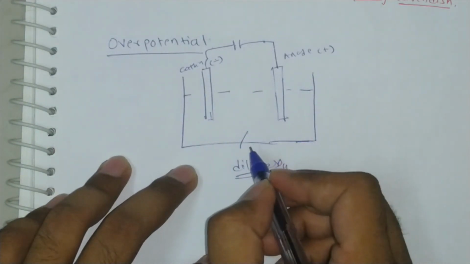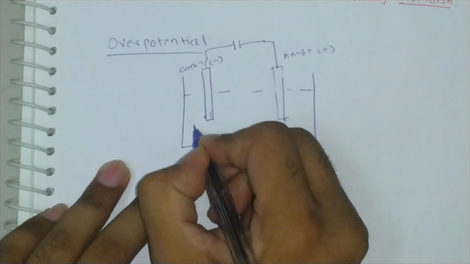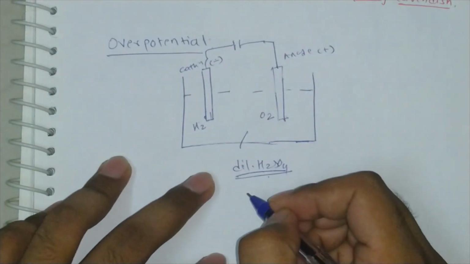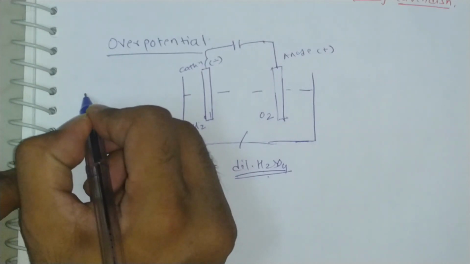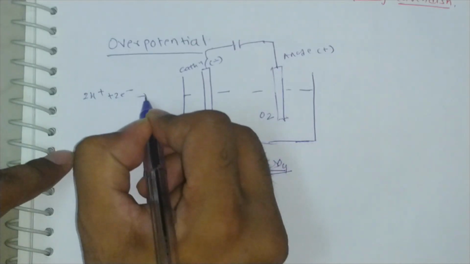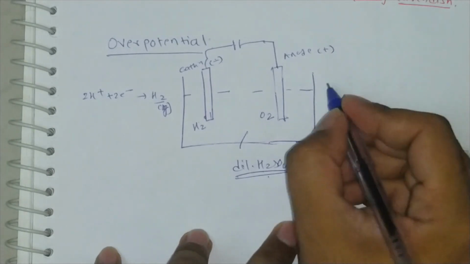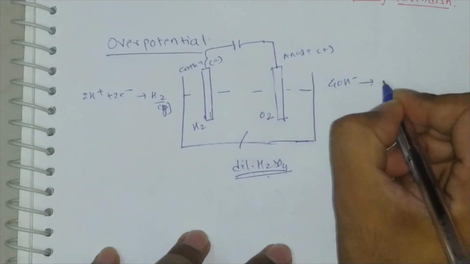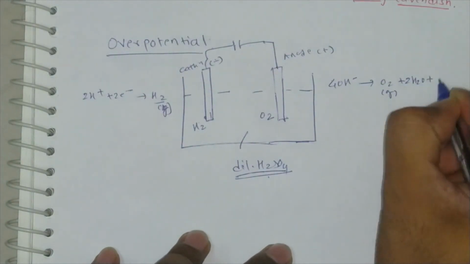During this electrolysis of H2SO4, at cathode hydrogen gas is formed, whereas at anode oxygen gas is formed, and the reaction that happens at cathode is that the hydrogen ions, 2H plus, combine with two electrons to give H2 gas, and at anode 4OH minus ions give oxygen gas plus 2H2O plus 4 electrons.